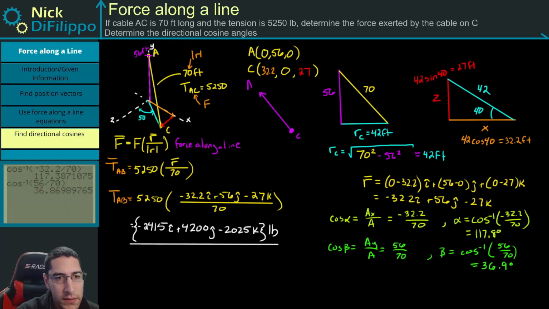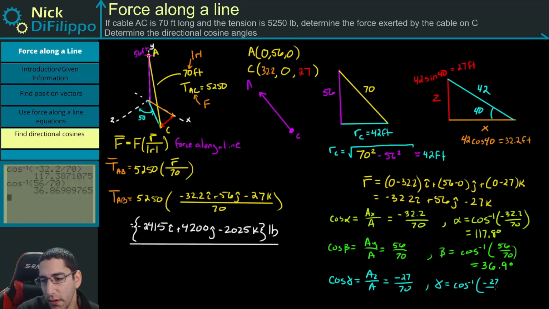And then finally we have gamma. So the cosine of gamma is equal to AZ over A. That's this part of the equation. So this is equal to minus 27 over 70. So gamma is equal to the inverse cosine of minus 27 over 70.